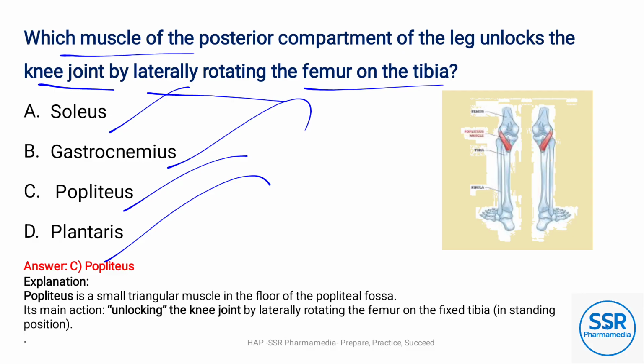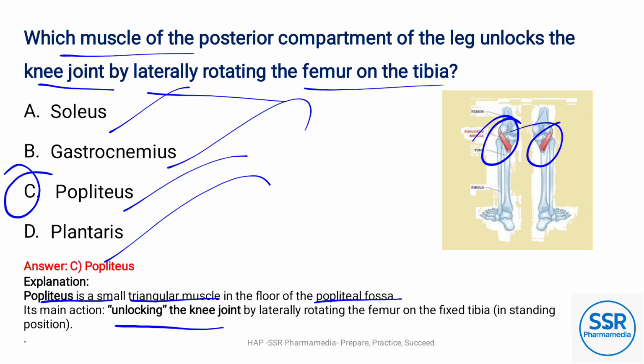So the answer is option C, popliteus. Popliteus is a small triangular muscle in the floor of the popliteal fossa. Its main action is unlocking the knee joint by laterally rotating the femur on the fixed tibia.